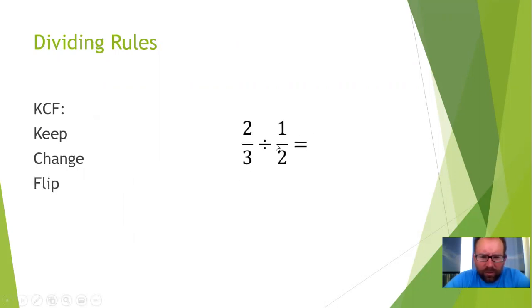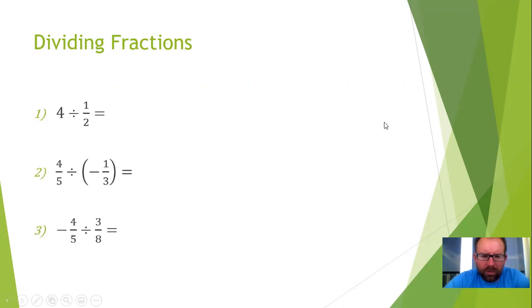So if we have 2/3 divided by 1/2, it will turn into... we'll just work on one of these. So 4 divided by 1/2. We'll keep the first one, which the 4 is actually 4 over 1. So we'll write that out as 4 over 1 divided by 1/2.